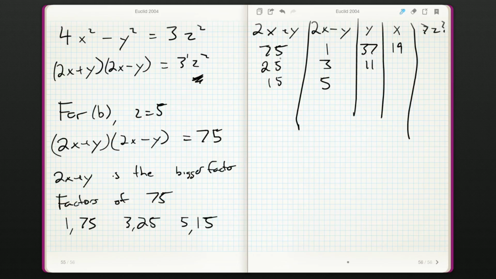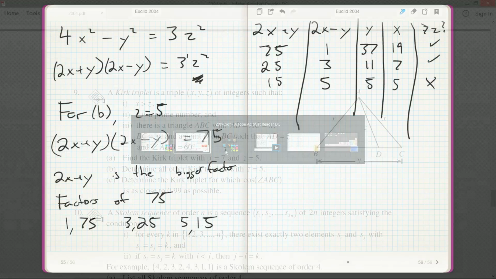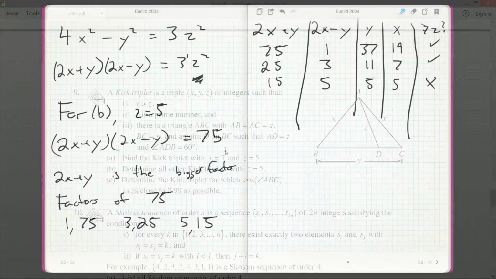And then 25 minus 11 is 14, divided by 2 is 7. And finally, 15 minus 5 is 10, divided by 2 is another 5. So yes, yes, no. Did they want the other, or did they want all? Determine all other Kirk triplets.